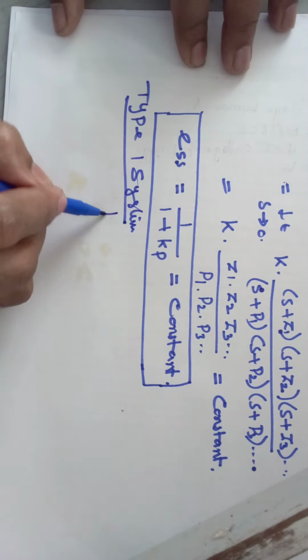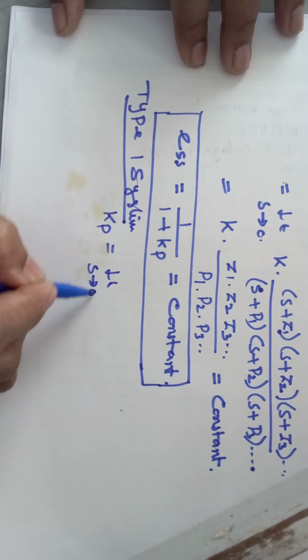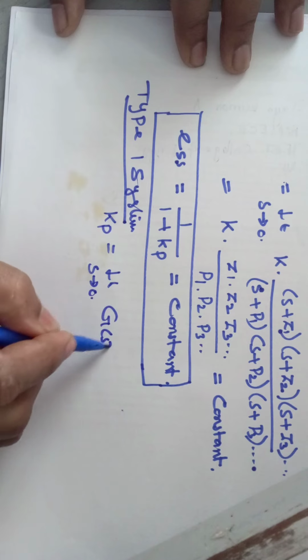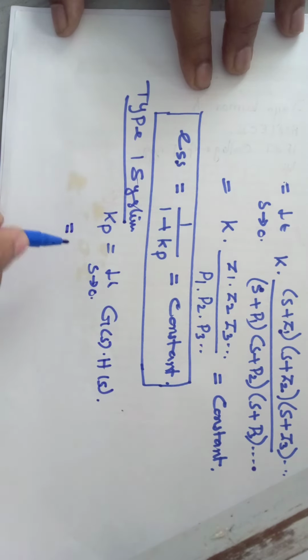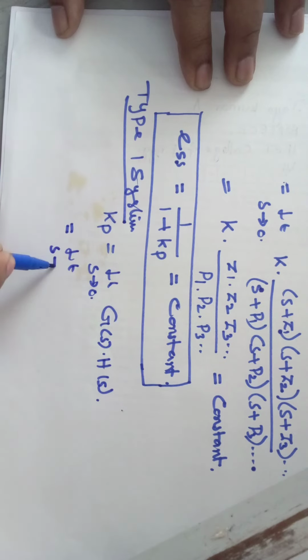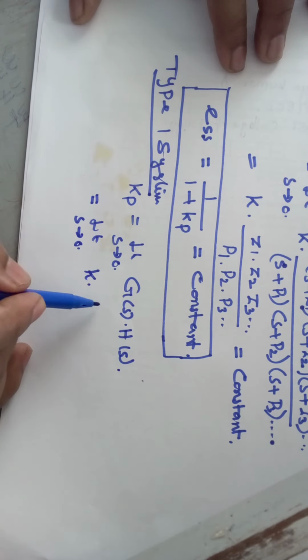So for this, the value of Kp is equal to limit s tends to 0 of G(s) H(s), which is equal to limit s tends to 0 of K times, and here you need the general form of a type 1 system.